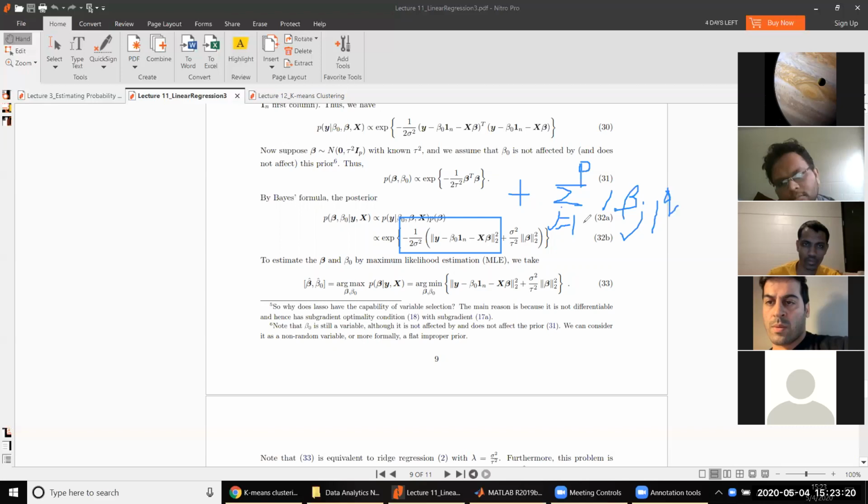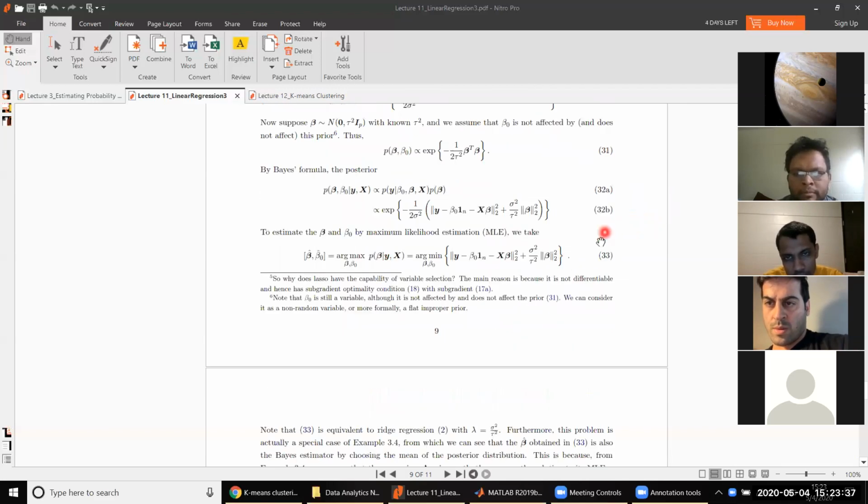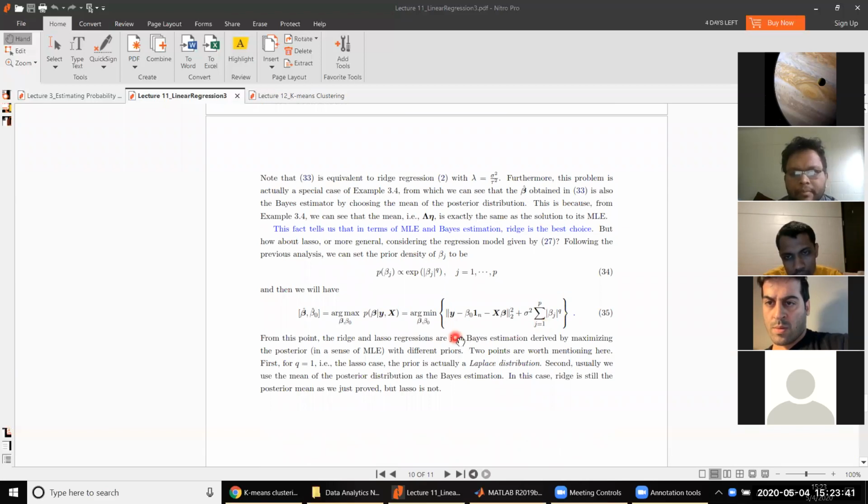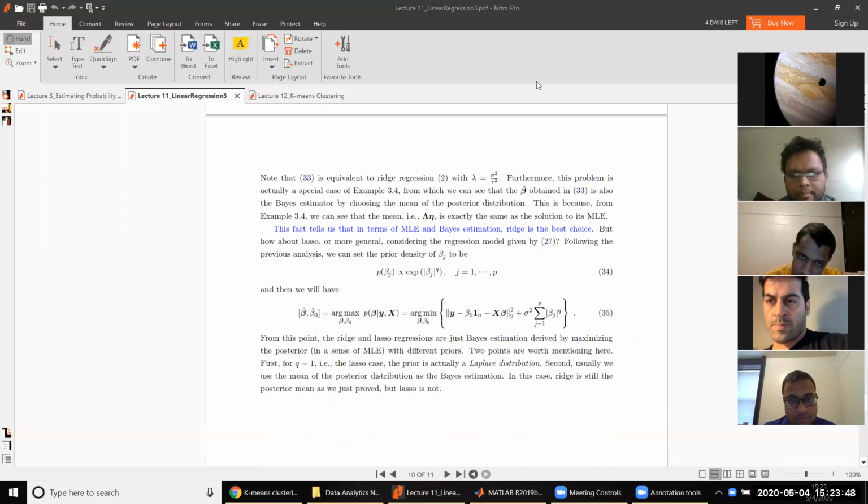So you're gonna have this part, and then what you're gonna do is that you're gonna take the 2 sigma square out, so that you're gonna have a sigma square here. Why? Because you take this sigma square out, okay? And hence, what do you have? You're gonna have this part. And that's the reason why in this case, it doesn't matter what is your p here, you're gonna have this.